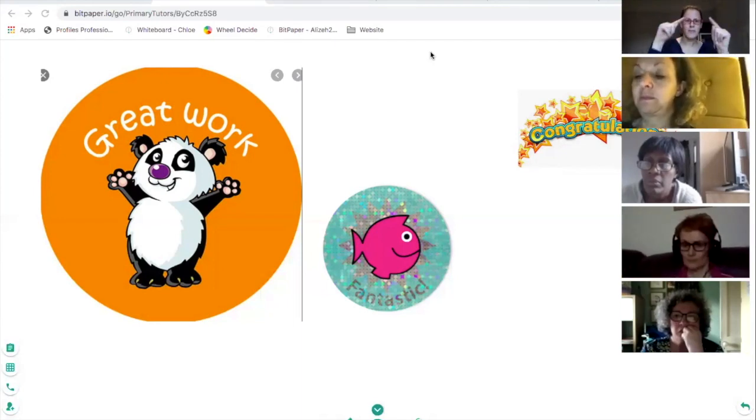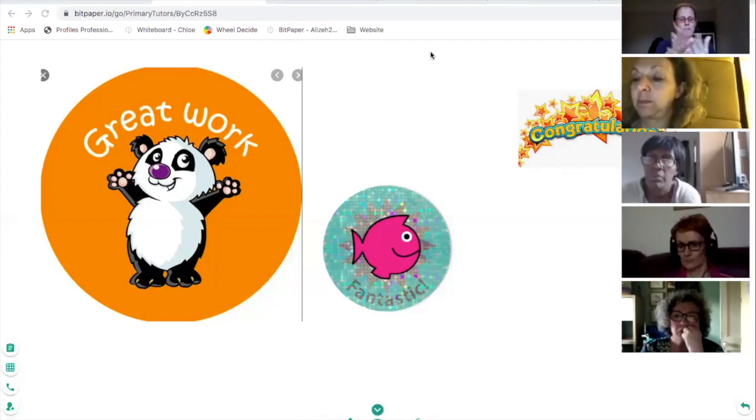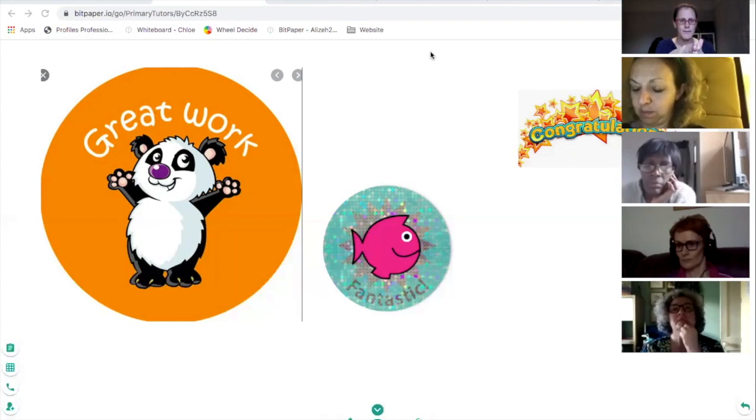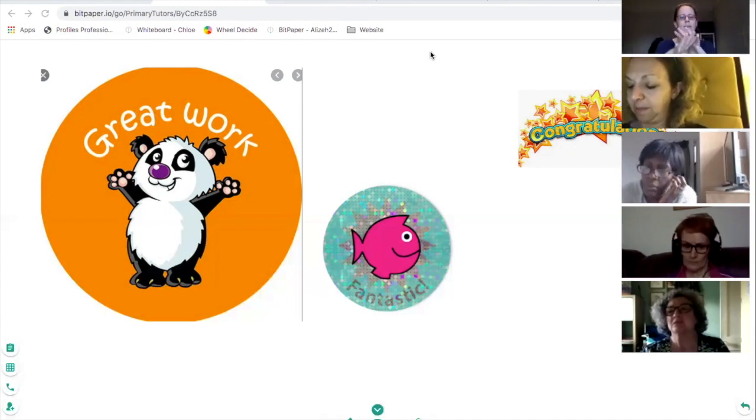If they go to minimize, at the top of the screen you've got a red, an amber and a green button. If they press the amber button, it takes them a while to find it, it's normally on the top left, it will minimize, but it will then create a little floating picture. So they have that, and then they can see the whiteboard underneath. So they stay on bit paper.